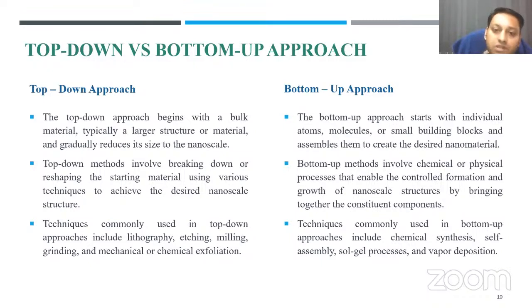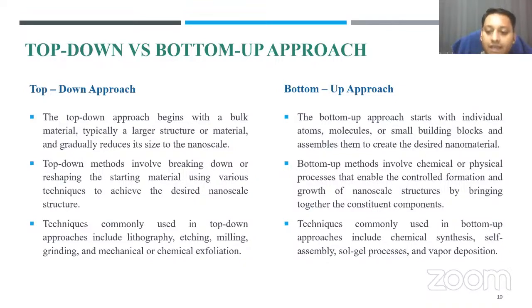The bottom up approach is the opposite, that is you move from the chemicals or the atomic or molecular form and then grow to the nanomaterial form. It is based on the self assembly of different molecules that come in close proximity, assemble together and then synthesize a particular type of nanomaterial.